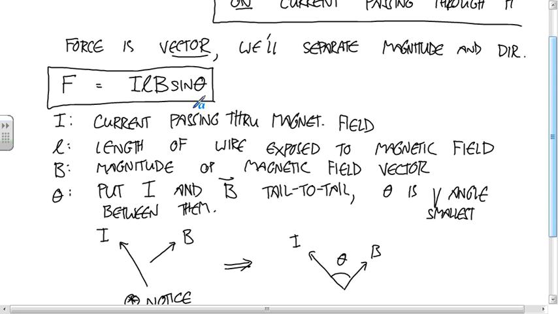Right. If they're perpendicular, you'd think maybe they have the least to do with each other. But if they're perpendicular, what's the angle between them? 90. And what's the sine of 90? 1. And that's the biggest sine can be.